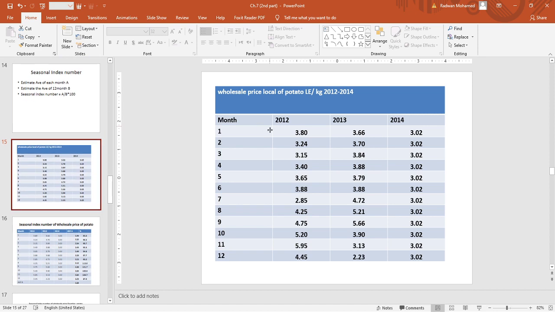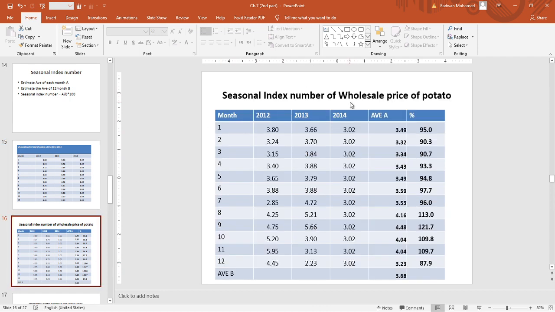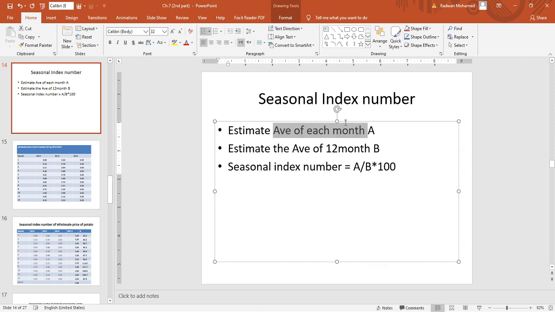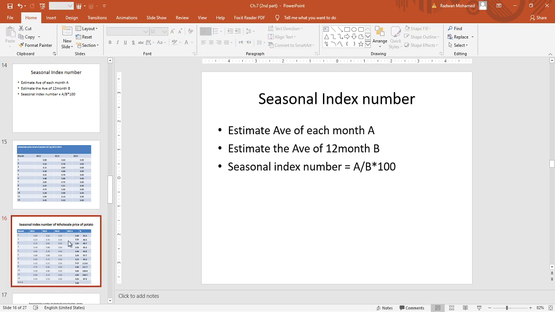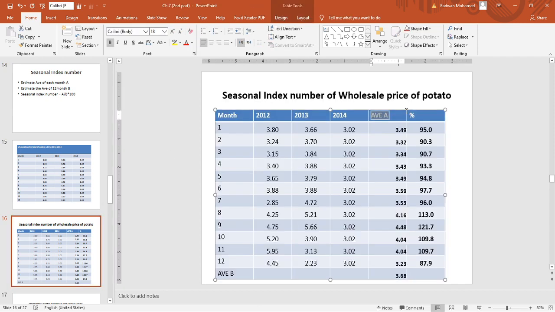Okay, here I have a table with the local wholesale price of potato, LE per kilogram, from 2012 to 2014. This is 3 years. These are the values of the wholesale price for every month from January, February, and so on till December. So the seasonal index number of wholesale is, if you remember, I want to estimate the average A. What is the average of A?